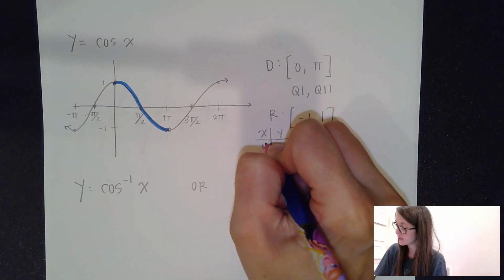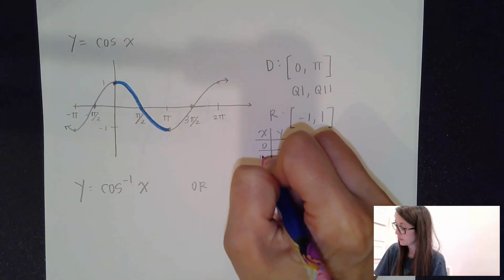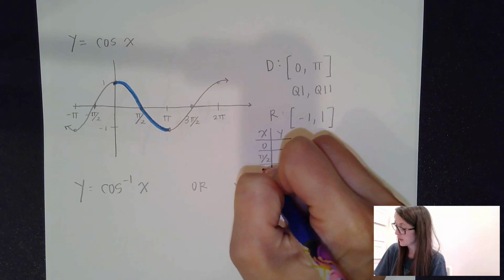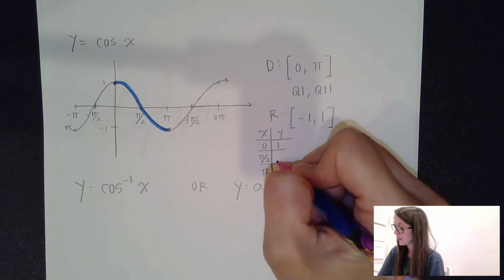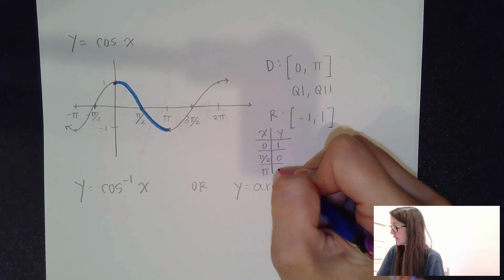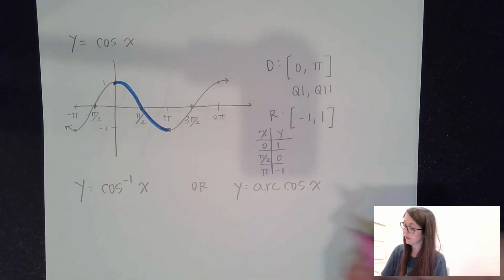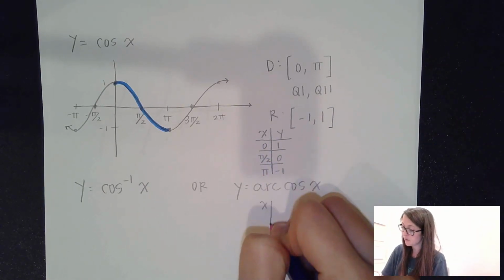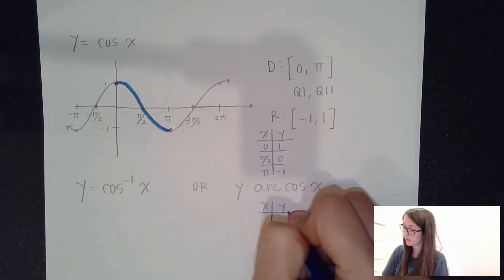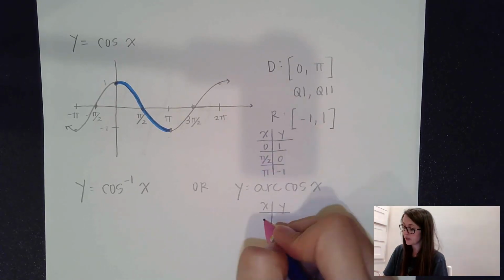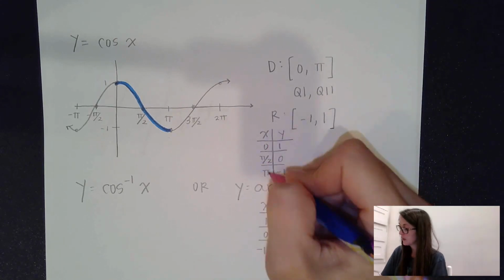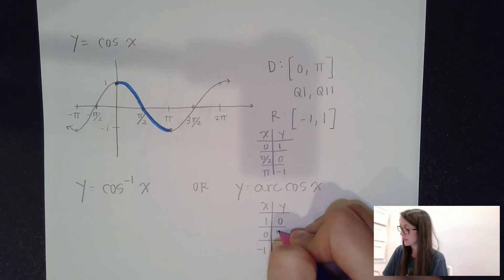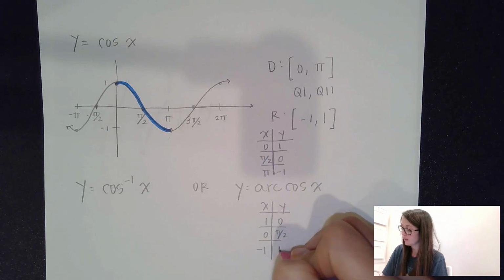We've got an x, we've got a 0, a pi over 2, and a pi. At 0 we're going to be at 1, at pi over 2 we'll be at 0, and at pi we will be at negative 1. So your x's become your y's, and your y's become your x's. So I'm going to have 1, 0, negative 1, and then we'll have 0, pi over 2, and pi.